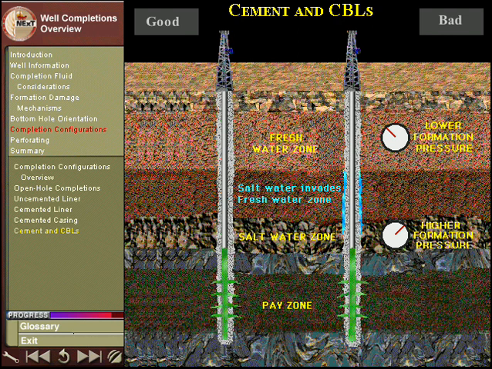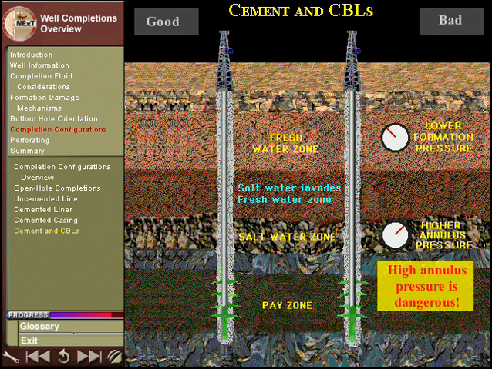Certain intervals may need adequate cement bonding above, within, or below, for reasons such as safety considerations. Uncontrolled flow outside the casing could lead to dangerous annular pressure buildup.